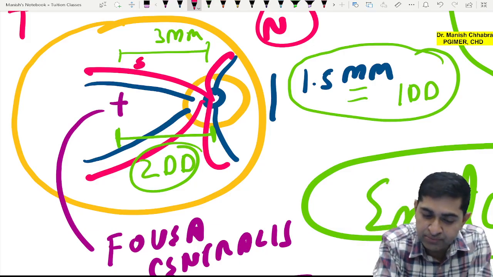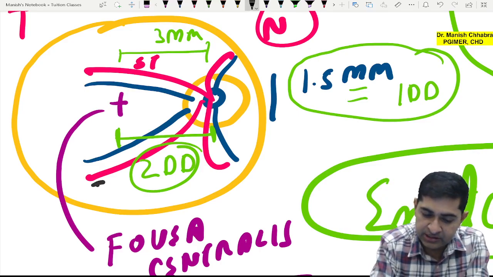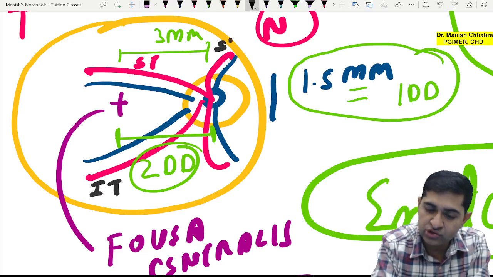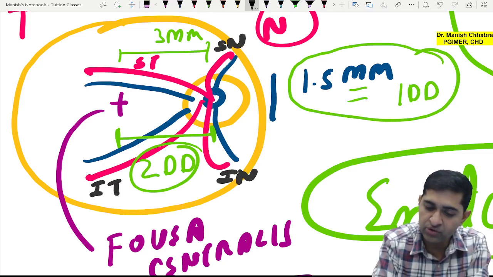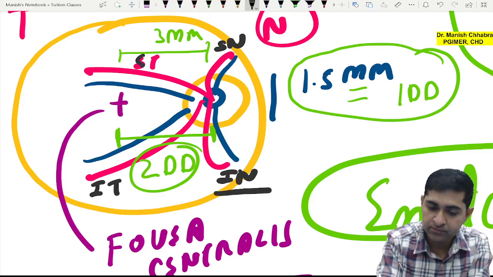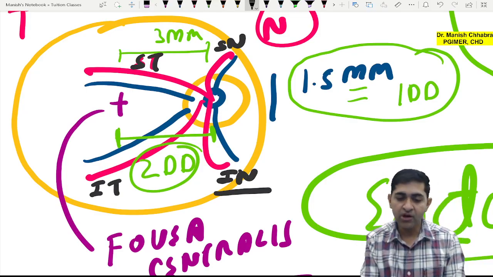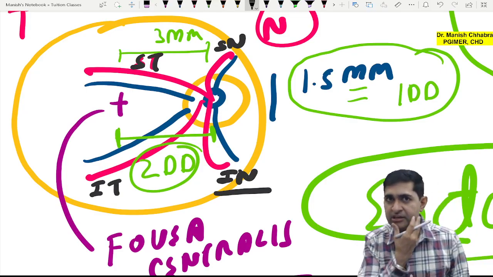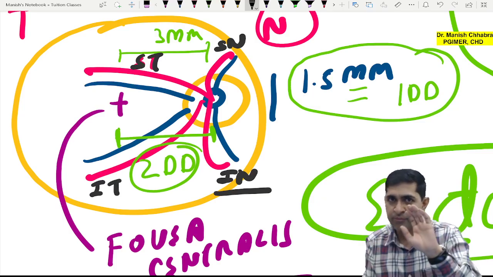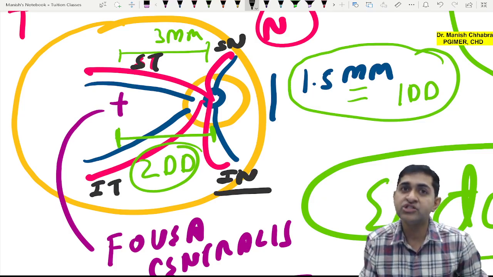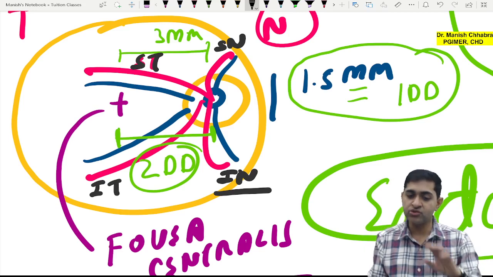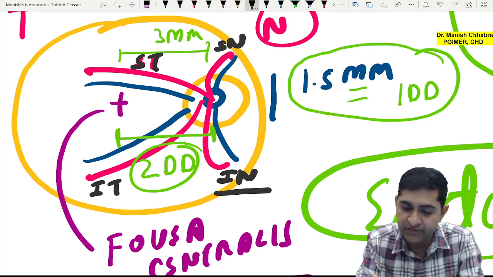One is superotemporal branch, then inferotemporal branch, superonasal branch, inferonasal branch. Okay, all right. So similarly, there is the branching in the central retinal vein. So central retinal artery and central retinal vein.